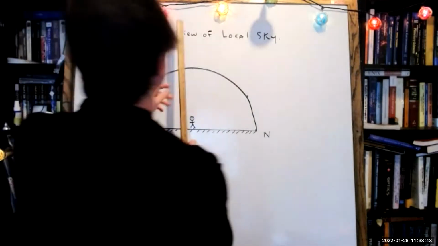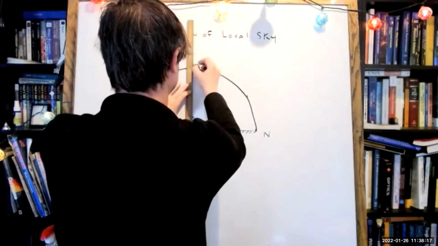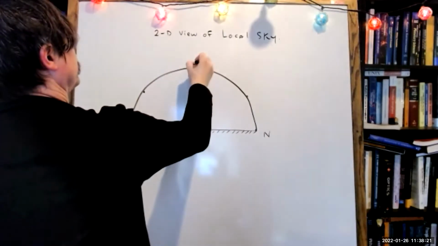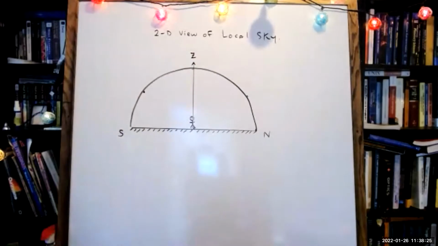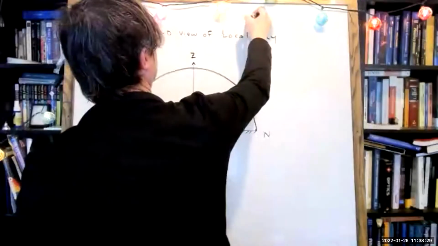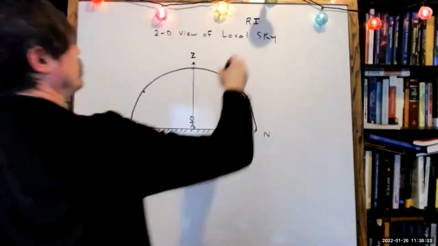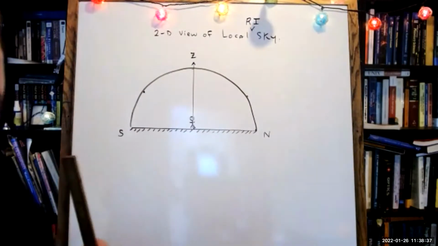Okay, let's draw a line up through the top of the dome. And we'll mark it with a Z for zenith. And let's assume it's a northern local sky, or since we are, after all, Rhode Islanders for the most part, we'll do a 2D view of the Rhode Island local sky.